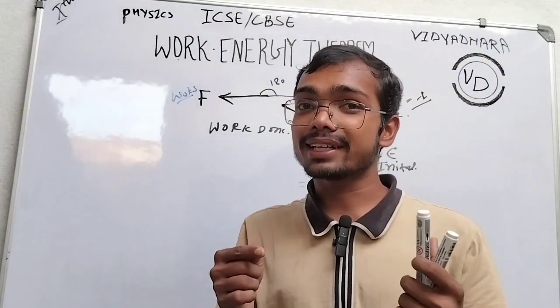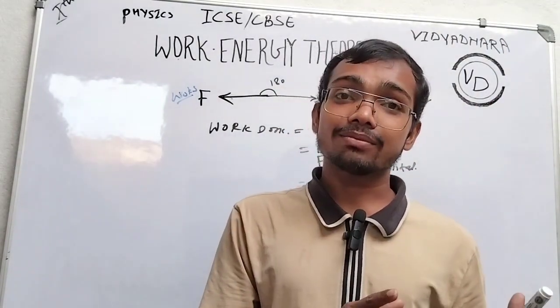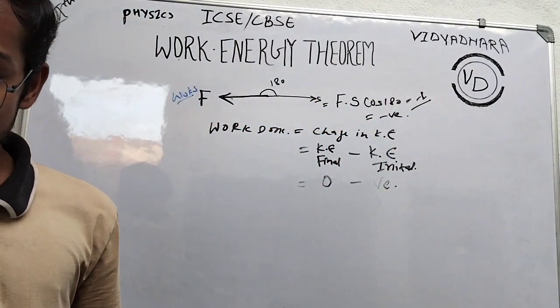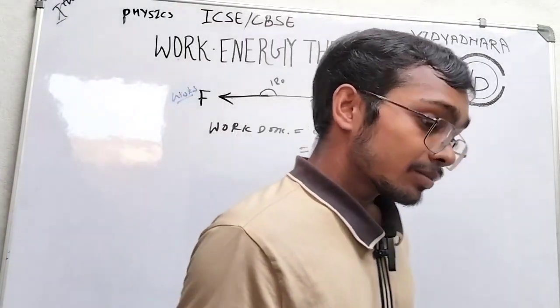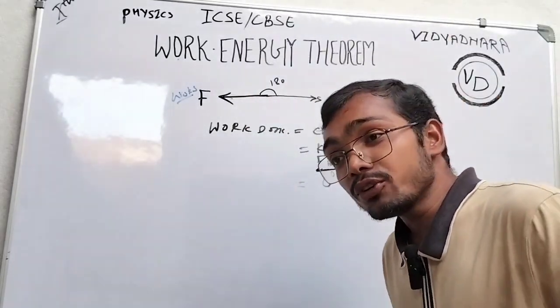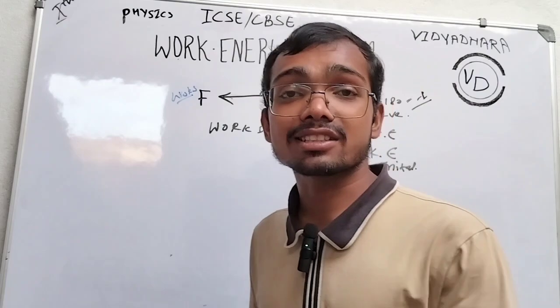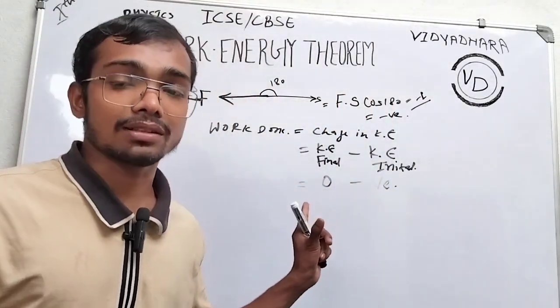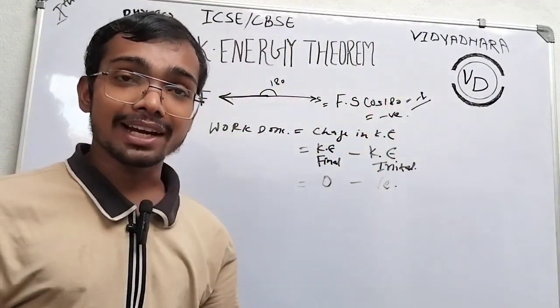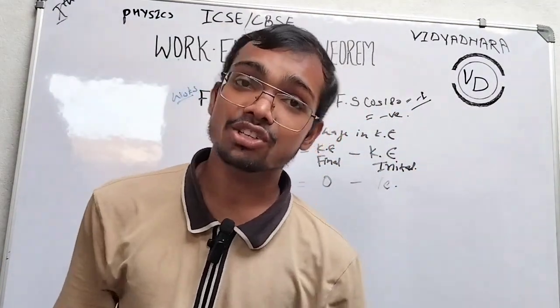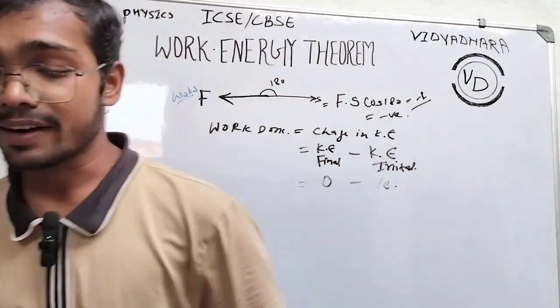That means whatever we get, whether the work done is positive or negative, there is a change in kinetic energy. Either we slow something or speed something up by pushing, and there is work done. There we can use the work energy theorem, and also we can use work as F s cos theta, force into displacement into cos theta, which we have already learned.